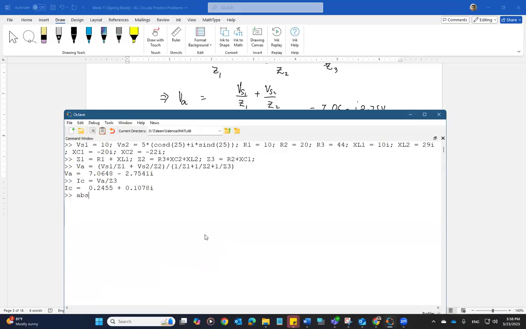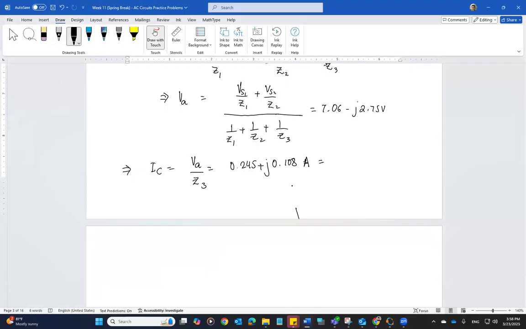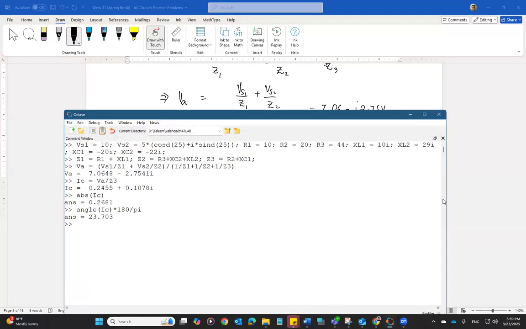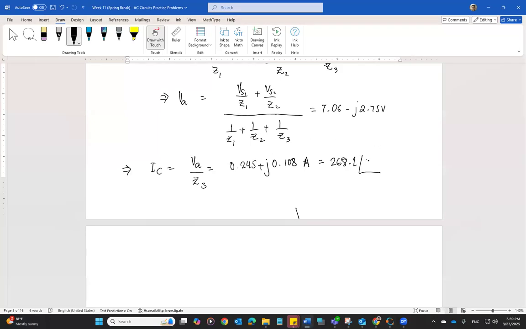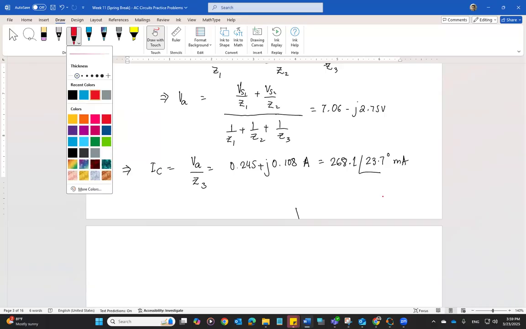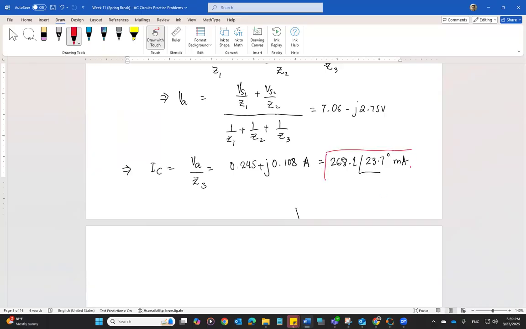So absolute of IC and angle of IC times 180 over pi. 268.1 angle 23.7 milliampere degrees. That is going to be your final result.